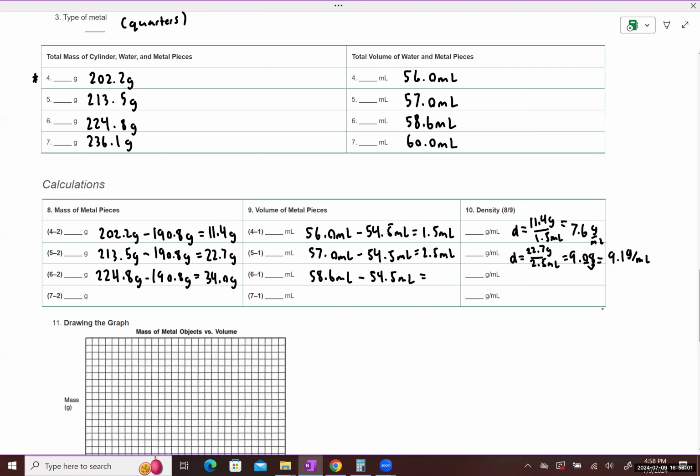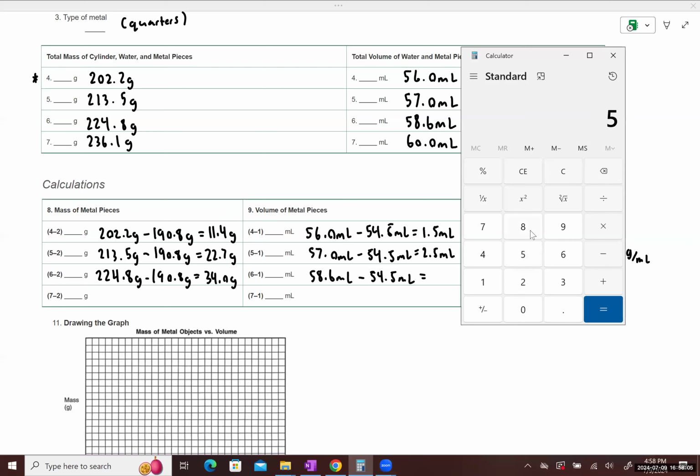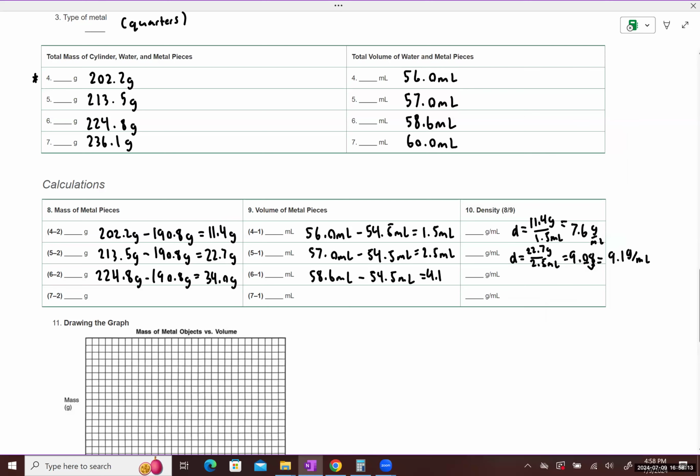And that in turn gives us a volume of 4.1 milliliters. Now for the density, we take our mass, which is 34.0 grams, over the volume, which is 4.1 milliliters.